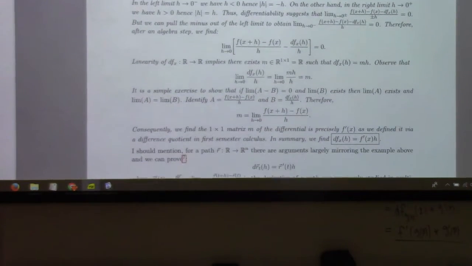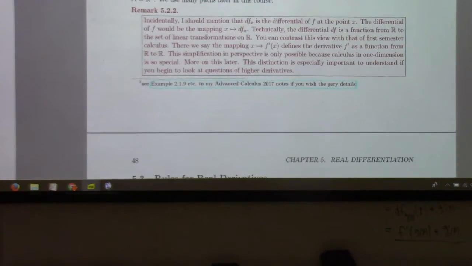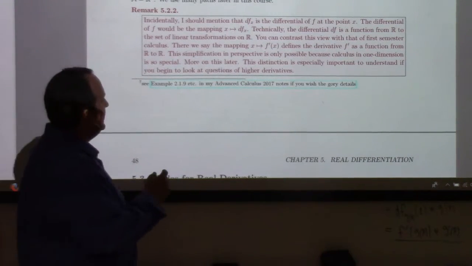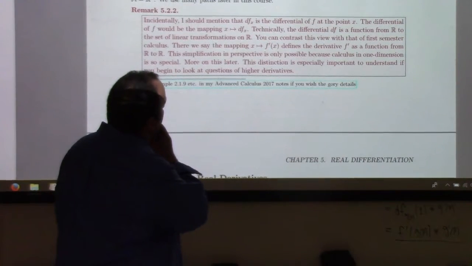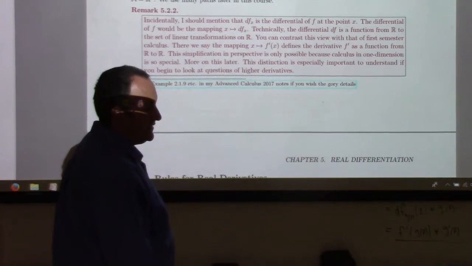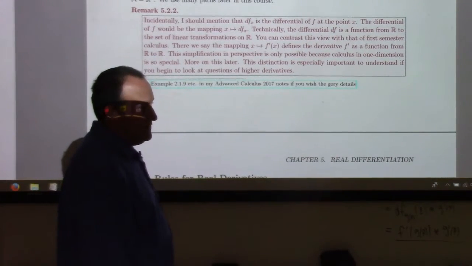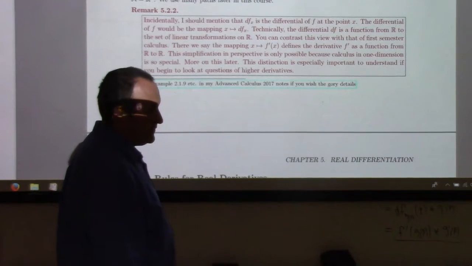And then by essentially the same arguments, the differential of a function from R to Rn is going to be the velocity of the path times h. So the velocity of the path gives you the Jacobian matrix, if you will, for a function from R to Rn.